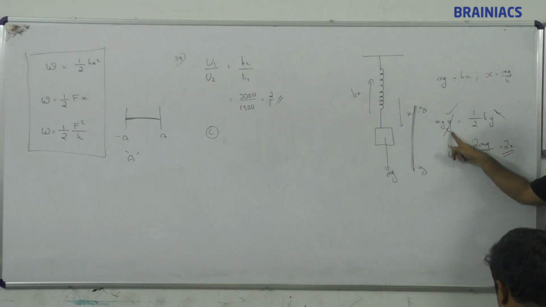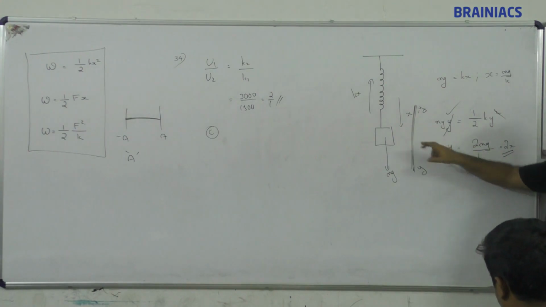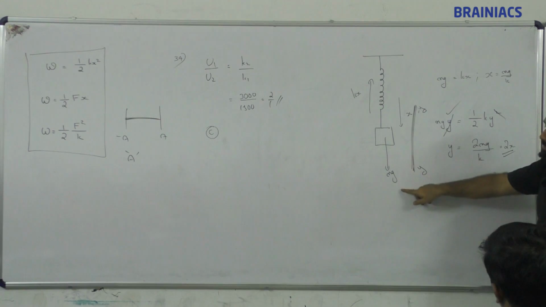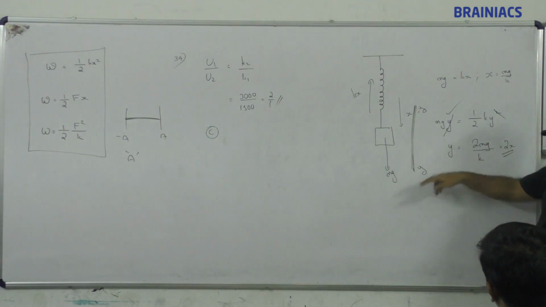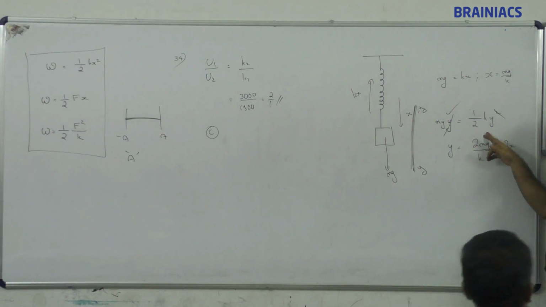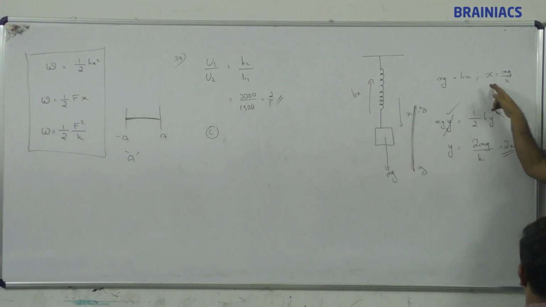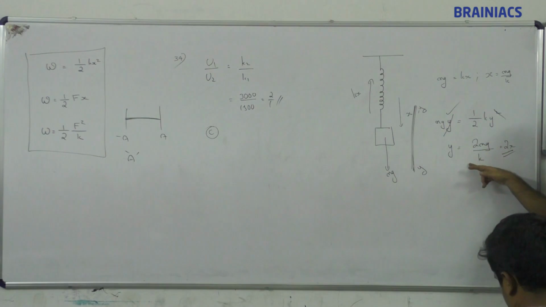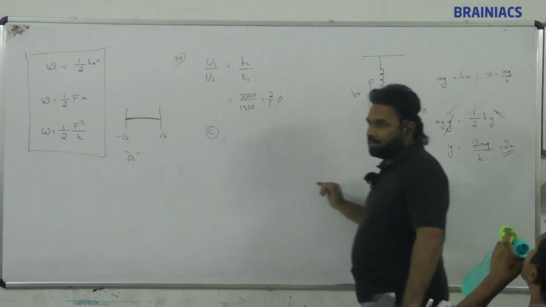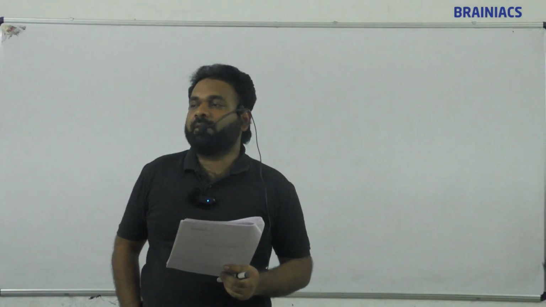If we assume that amplitude as y, then mg into y is the work done by this force. That will be the same as the spring energy, nothing but half k y square. Now substitute the value of x here and get the value of y in terms of x. That's it. Okay, clear?